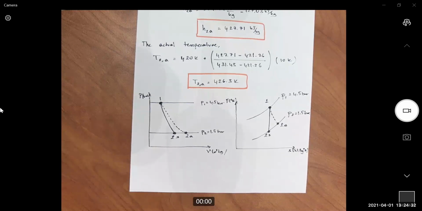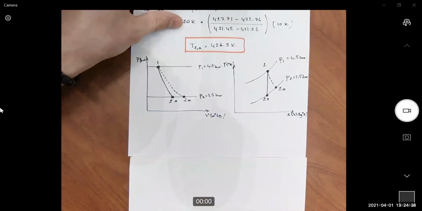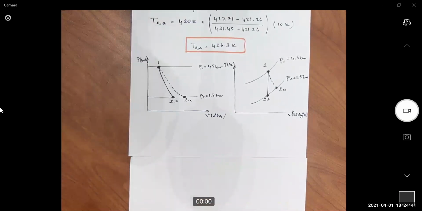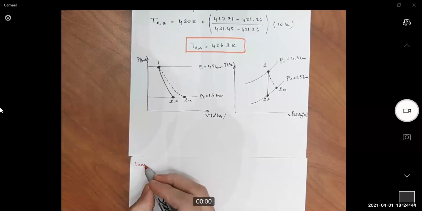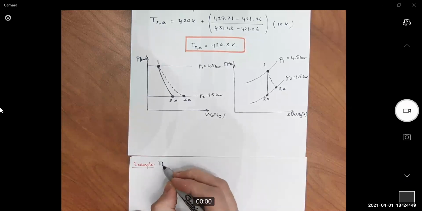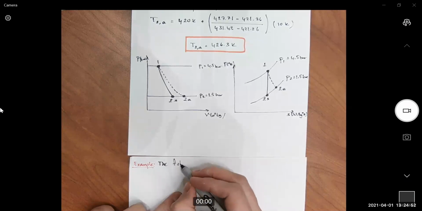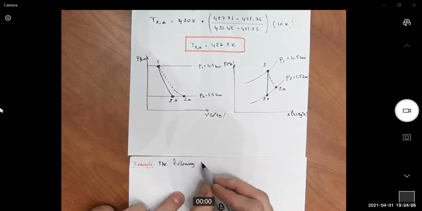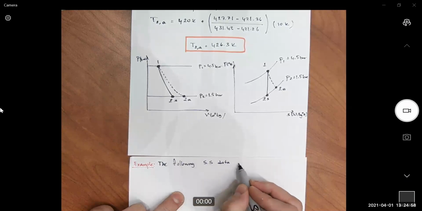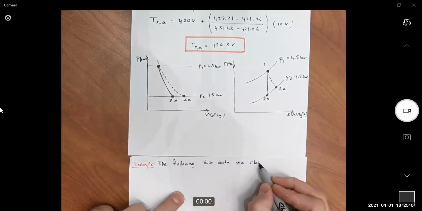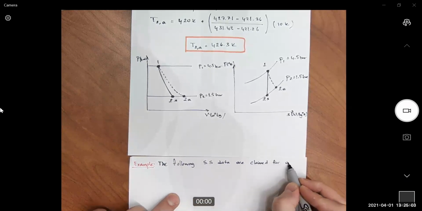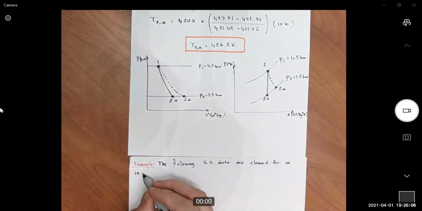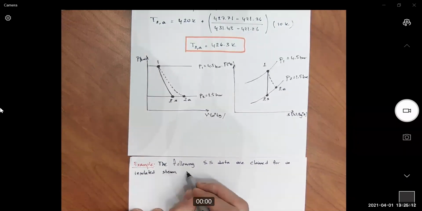Okay. Let's solve another problem. Example: the following steady state data are claimed for an insulated steam turbine.